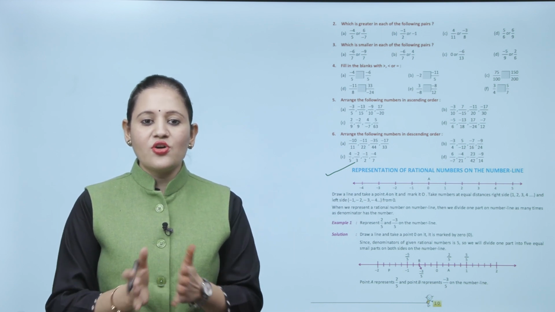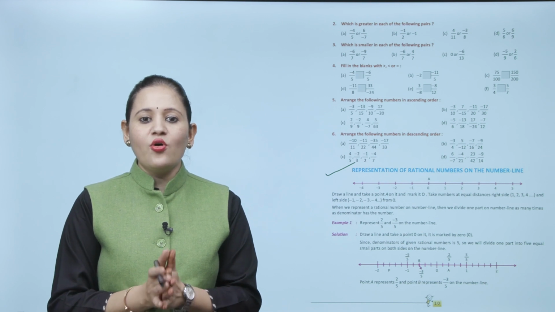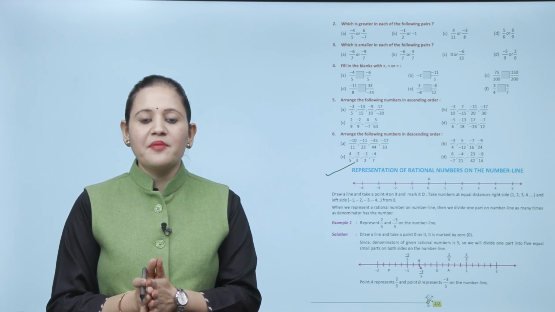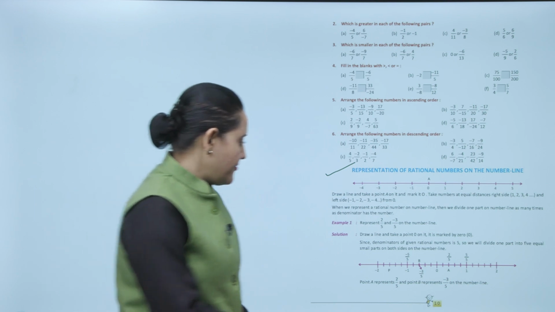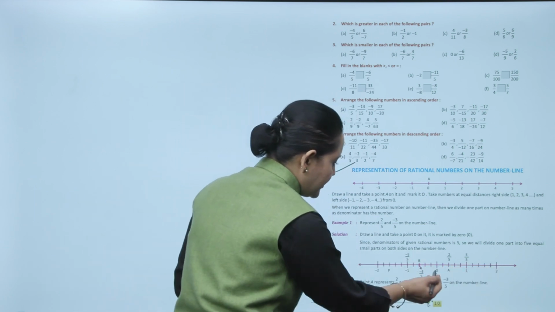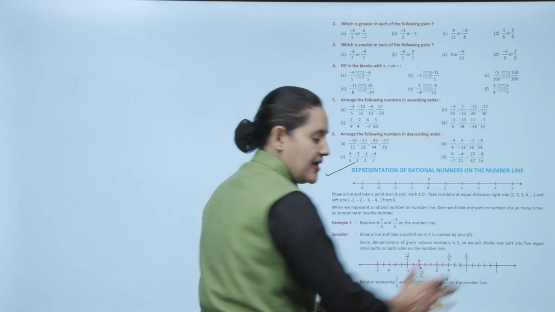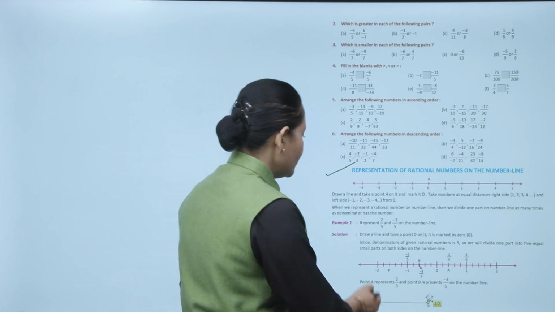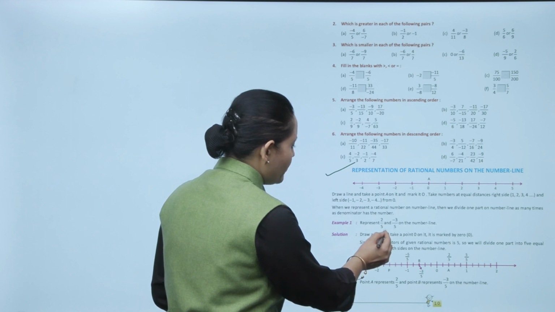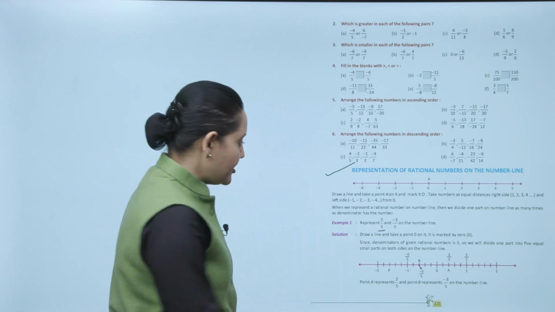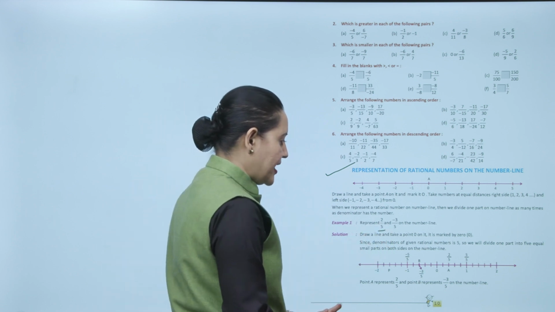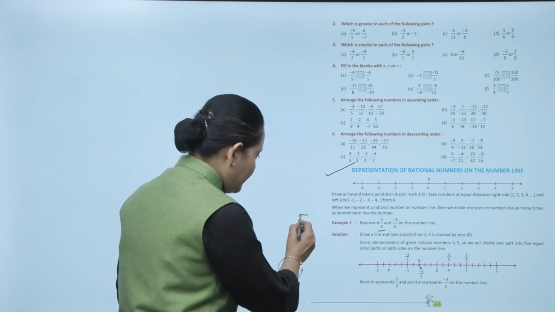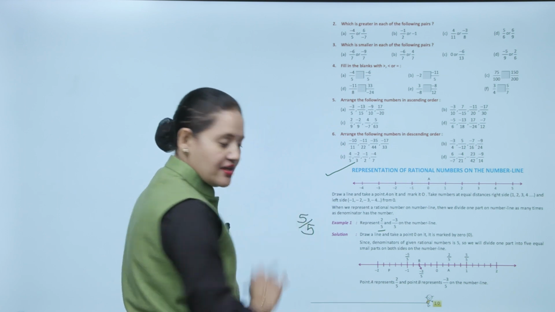For that, draw a line and take a point O on it. It is marked by 0. First, we will draw this number line and this is 0. On the right hand side all positive numbers, on the left all negative numbers. So if we have to represent 2 by 5, the denominator is 5. So there will be 5 equal parts. As you know, 5 by 5 will represent 1.